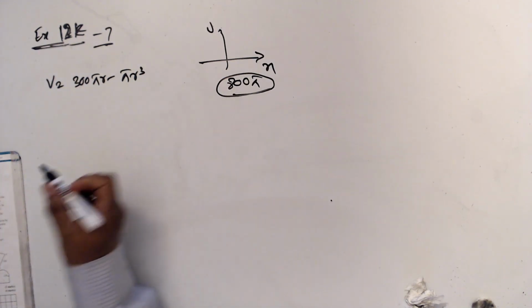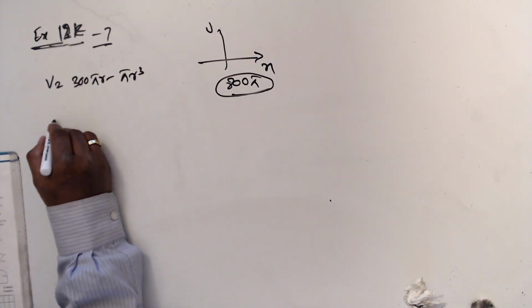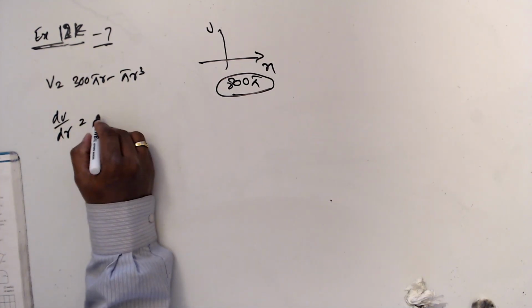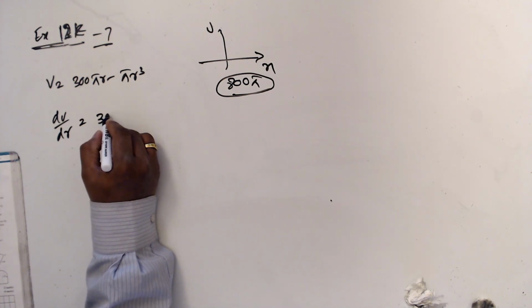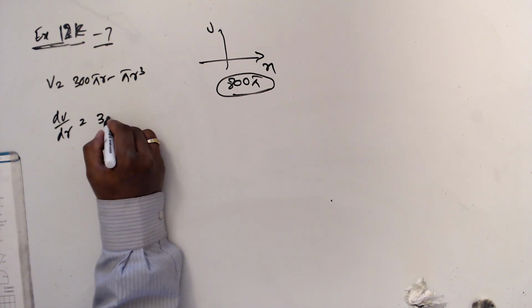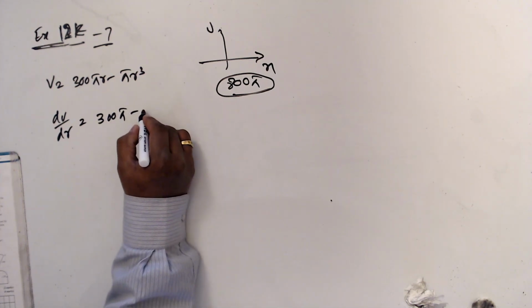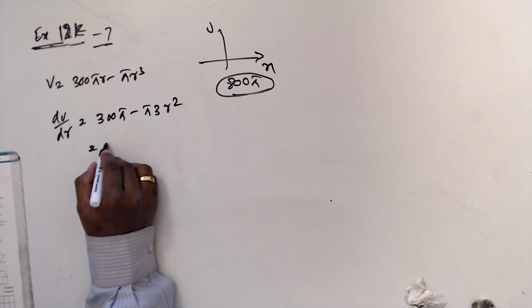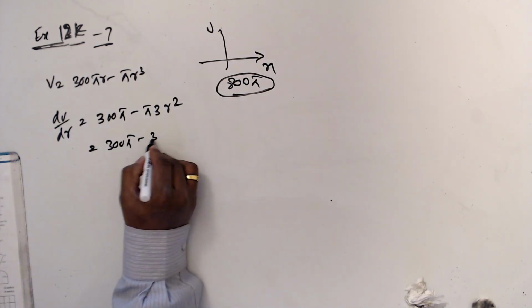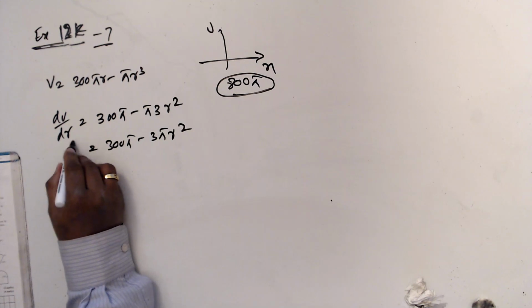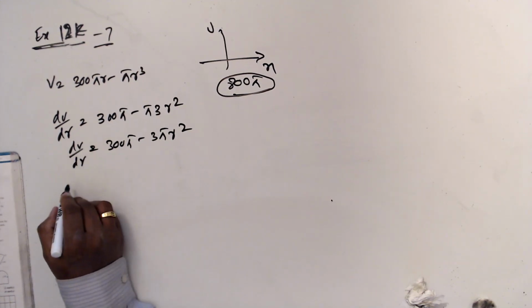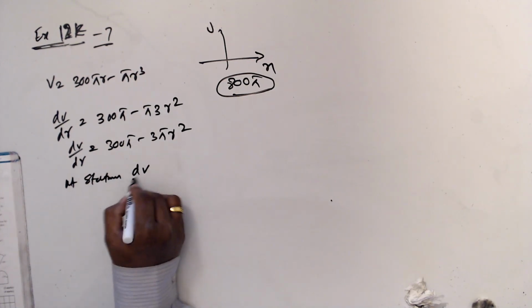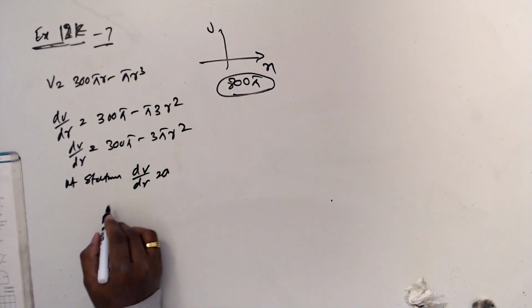So now we have to find the maximum. dV over dr equals 300 pi minus 3 pi r squared. At stationary, dV over dr equals 0.